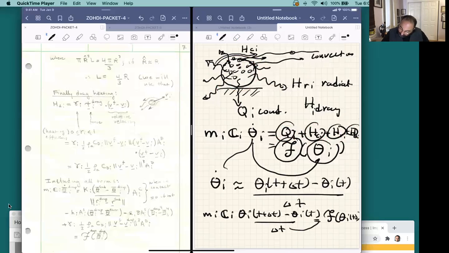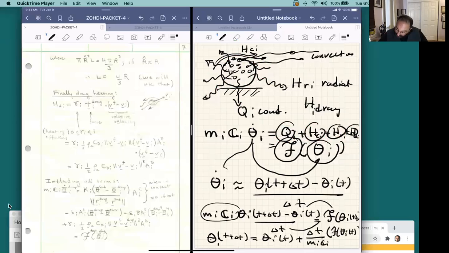We bring the delta t to the other side, we bring the theta I to the other side, we divide by the m c of I, and what we get is theta of I of t plus delta t is equal to theta of I of t plus delta t divided by m I c I multiplied by f of theta of I of t, which is the term we have here on the other side of the equation.